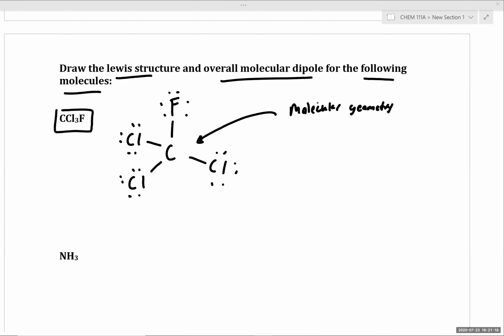If we have 4 bonded atoms, what is our molecular geometry? And don't be shy to consult the table. Tetrahedral.